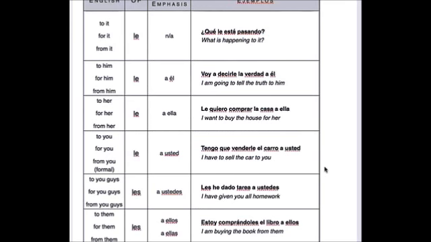A él, if you want. Correcto. Le he dado todo a él. I have given my male friend everything. A mi amigo. Le he dado todo a mi amigo.